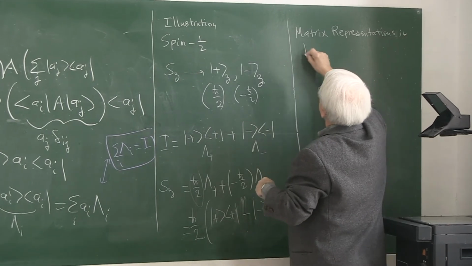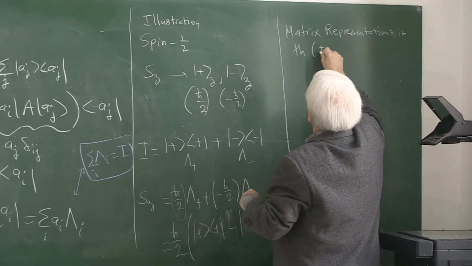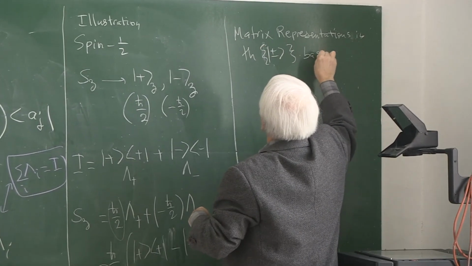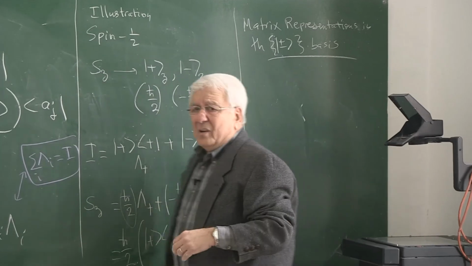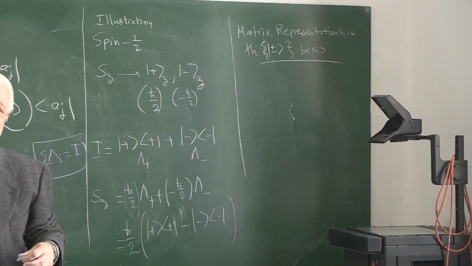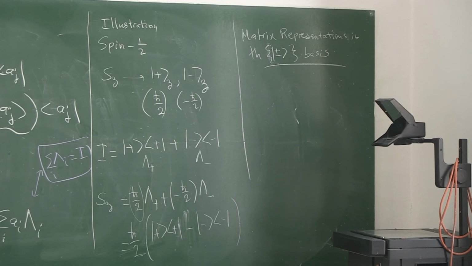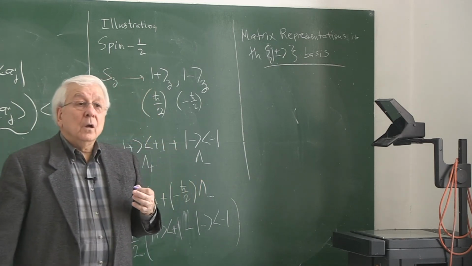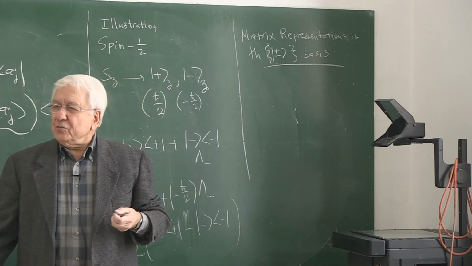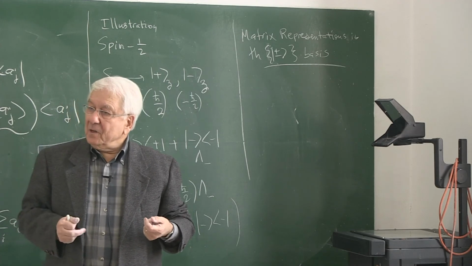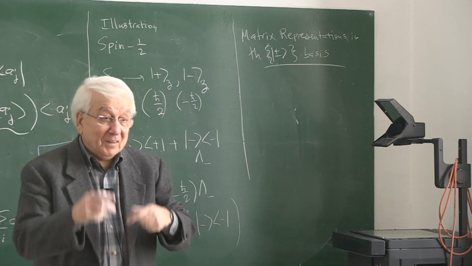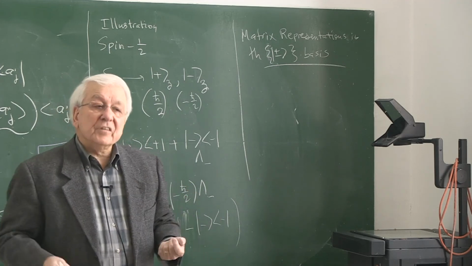As I said, you may think that it's unnecessarily detailed language, but it's not. When you are talking about the matrix representation, you have to specify the basis, obviously, right? Without any question. So, what are the representations of the plus and minus themselves? If you are talking about the matrix representation, you have to talk about the matrix representation of the basis vectors themselves. Everything should be consistent.